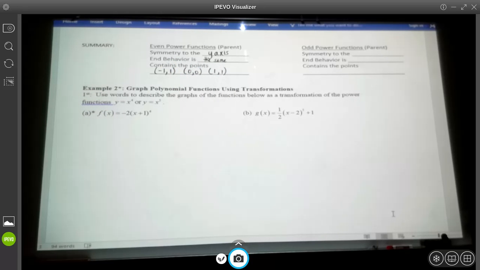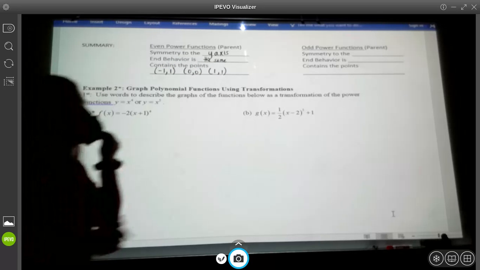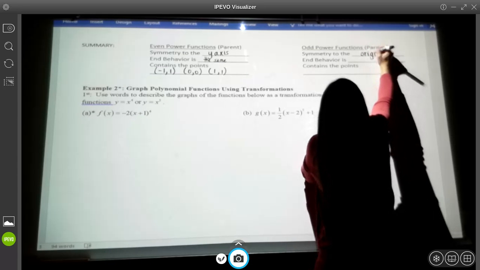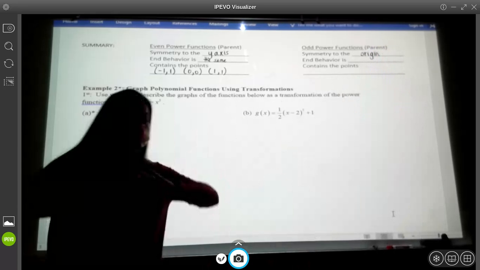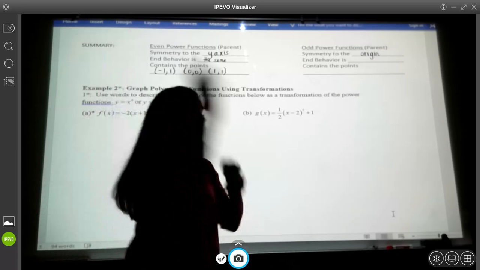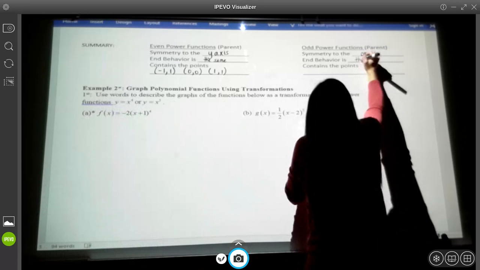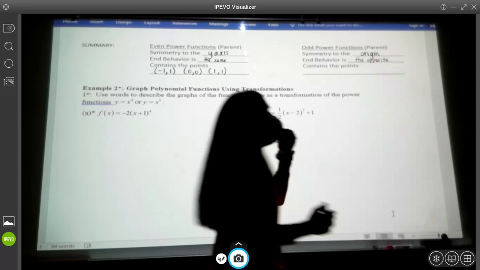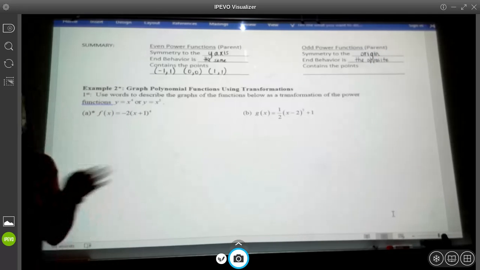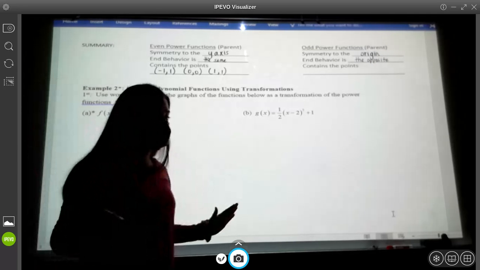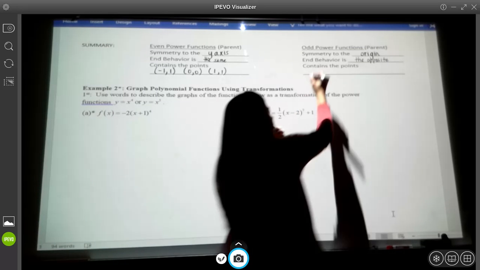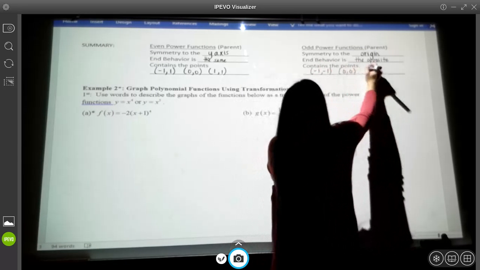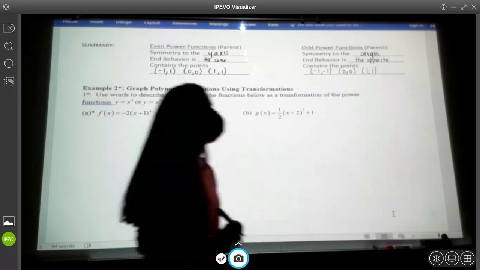Okay? Odd power functions, they had symmetry to the origin. All right, their end behavior was the opposite. One end was up and one end was down. And then all of their functions, no matter what power they were, again, these were parents before they were transformed, all of them contained the points negative 1, 0, 0, and 1, 1.